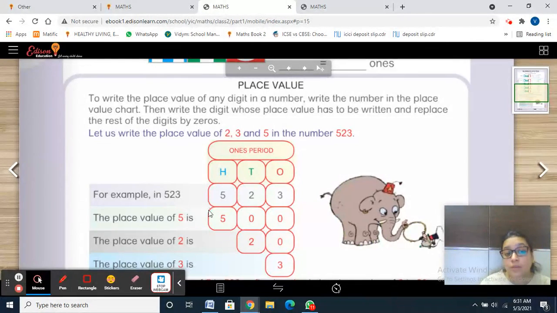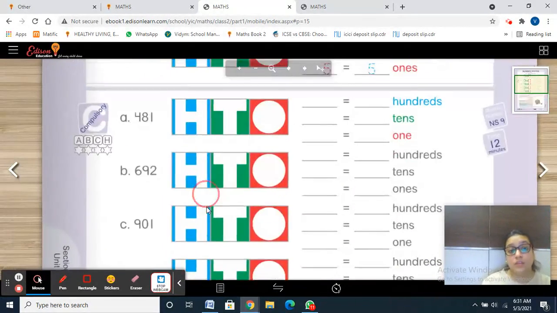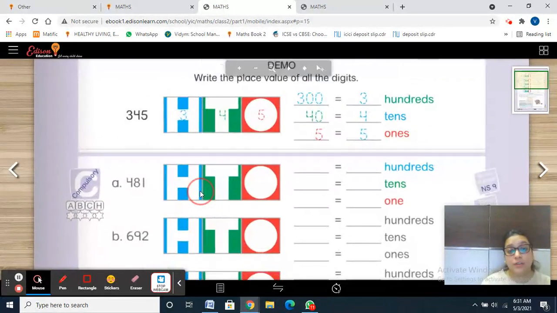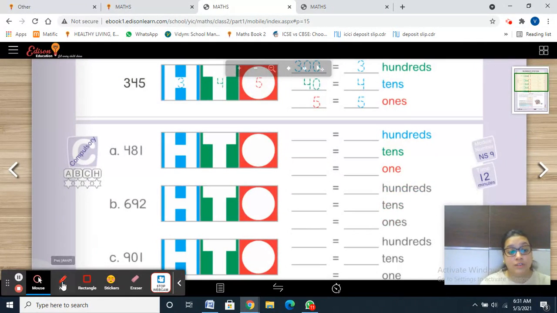I am talking about the place value of 5. Place value of 2 is 20 and the place value of 3 is 30. Getting this point? So in this way, we are going to find out the place value of each and every digit. See here, 481. So you're going to write 4 here, 8 here and 1 here.